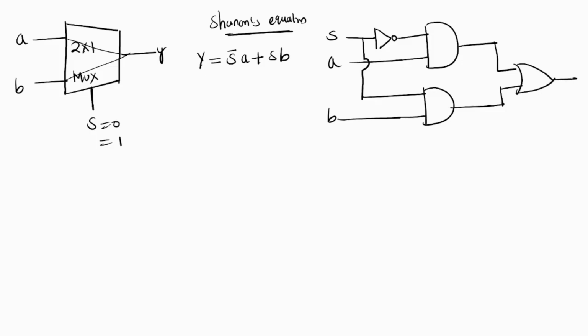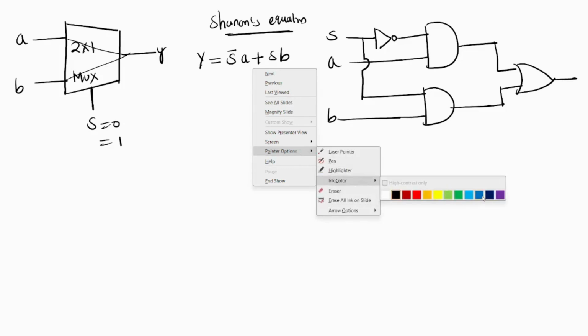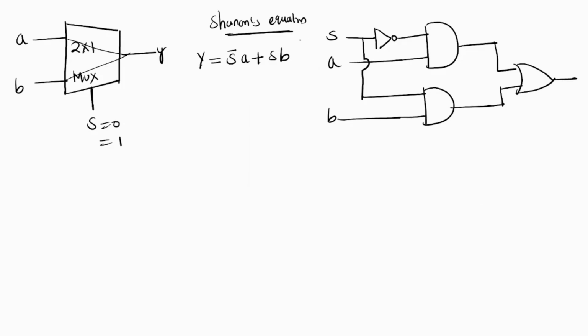So how to write this code in gate level modeling? First you write the gate level instances: A1, A2, A3, A4, and this is the output.